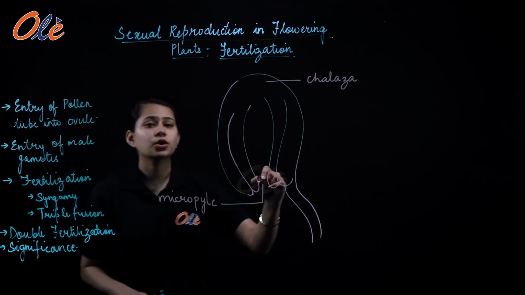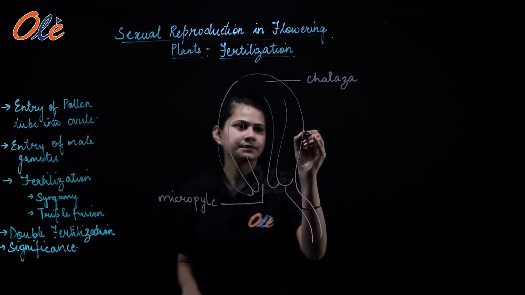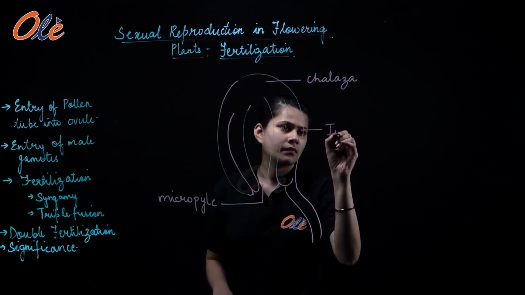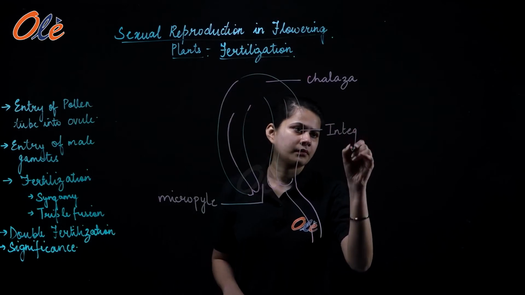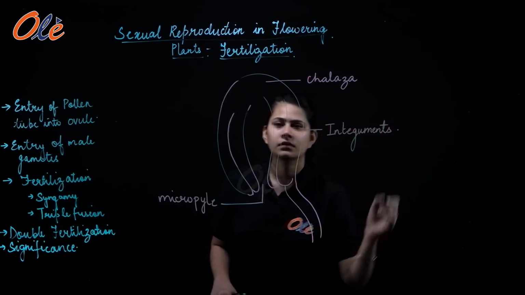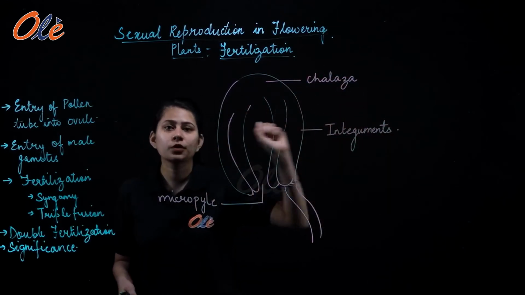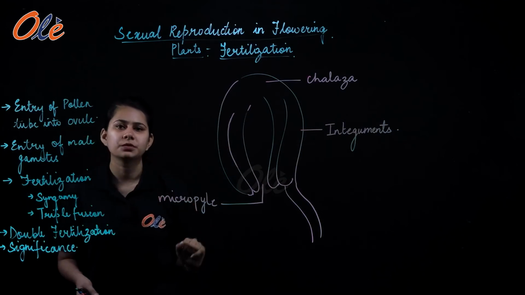And we had also talked about the covering of the ovule, which is in the form of integuments. So we are going to be focusing on these three structures of the ovule when we talk about the entry of the pollen tube into the ovule.